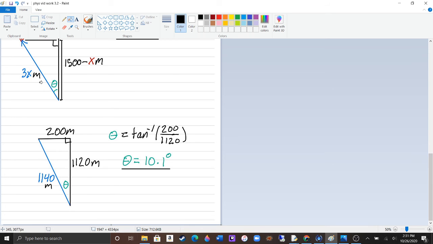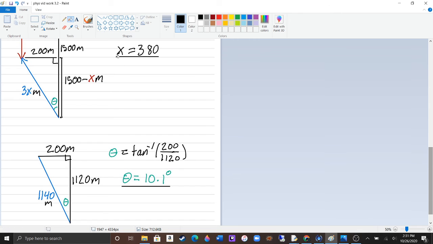So we can isolate this triangle completely, and once we plug in x for these side lengths, we get 1,120 meters for this length and 1,140 meters for this length.